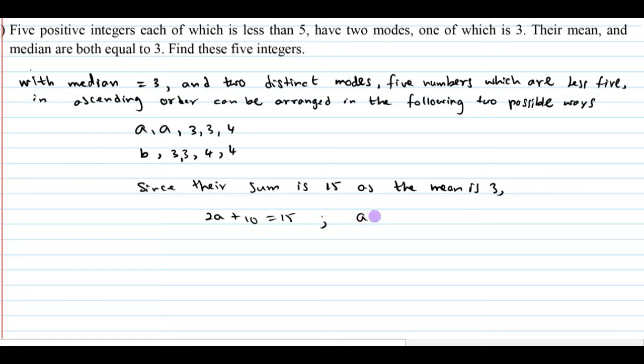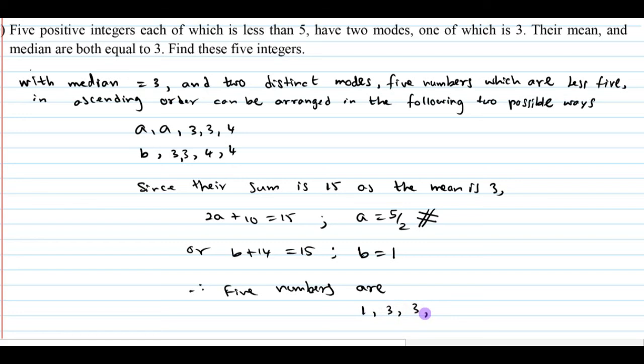Then we get a is equal to 5 divided by 2. That is a contradiction. So, b plus 14 is equal to 15. Then we get b is equal to 1. Therefore, the 5 numbers are 1, 3, 3, 4, 4.